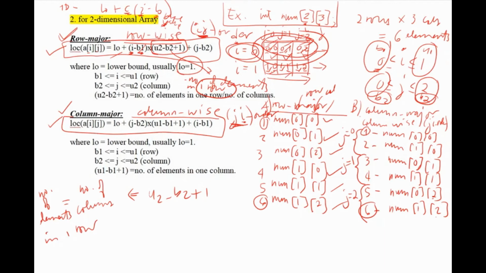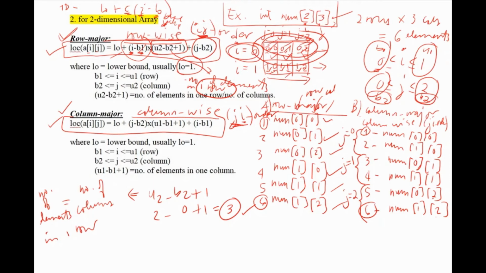So that is why in the function formula we have here times u2 minus b2 plus 1, which in the case of our example, u2 is 2, right? 2 minus 0 plus 1, that is equal to 3. Okay, so that's correct. And after considering the row, we consider the next index, which is of course j, because there are only two indices, I and j.